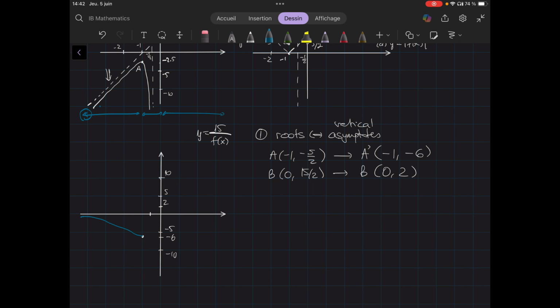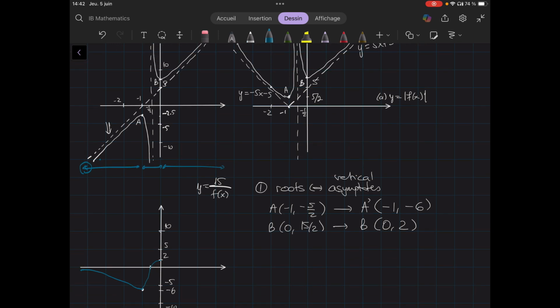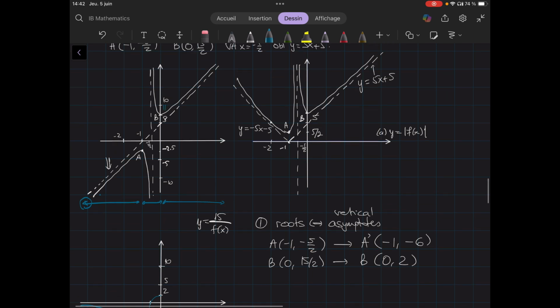It's gotta pass through A, then it's gonna go up through the root, then through B, and now we're gonna take care of the last part. We are now at this point. As x gets bigger, y gets bigger. 1 divided by a big number is 0.